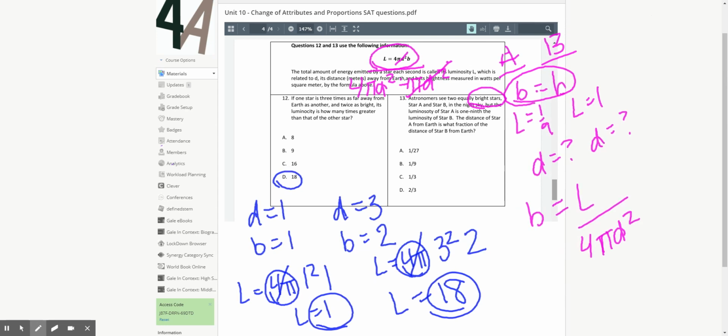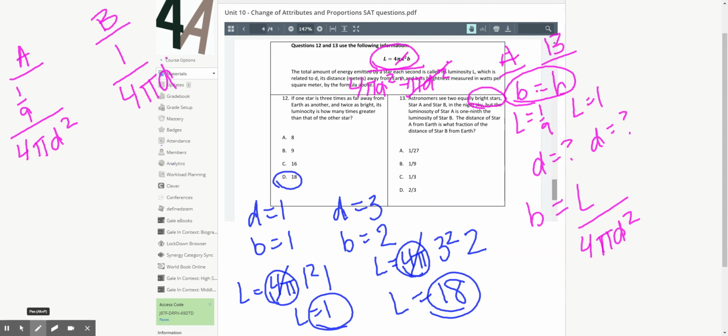I'm going to jump over to this side, to my left side of my screen. So in star A, right, if I have the luminosity, which is 1/9, actually, I know what that is. So luminosity is 1/9 divided by 4 pi d squared. And then in B, I've got a luminosity of 1 and 4 pi d squared.